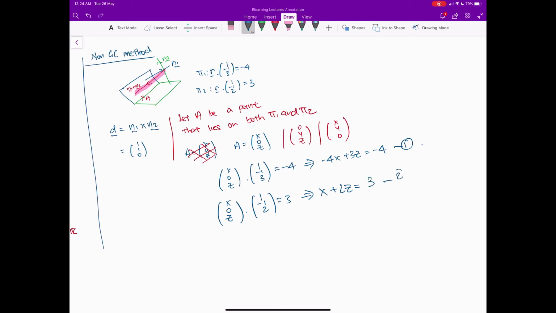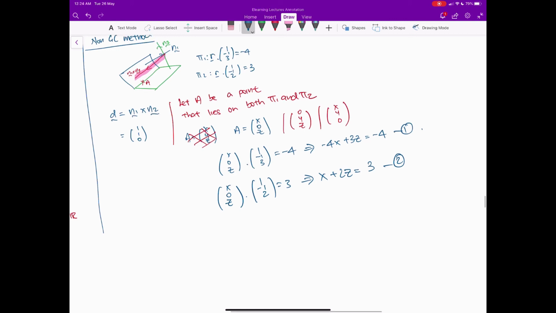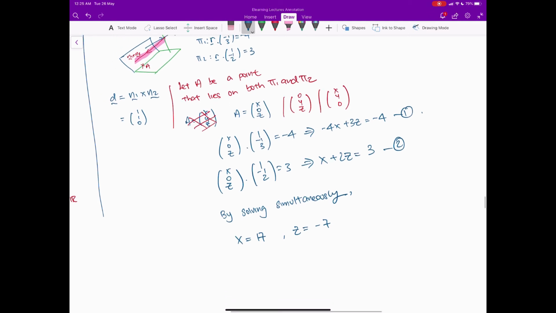So you realize that I can only form 2 equations, hence I can only afford to have 2 unknowns. By solving simultaneously, I should derive x equal to 17 and z equal to -7. If you cannot derive these, kindly check your working. So point A will then be equal to (17, 0, -7).